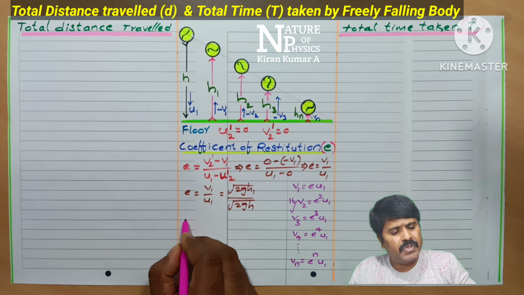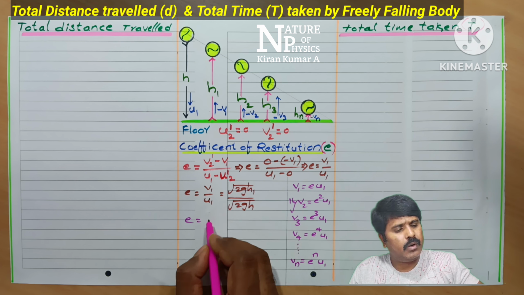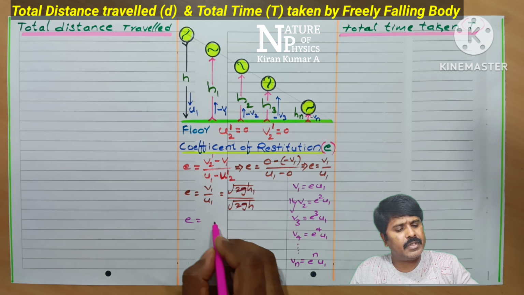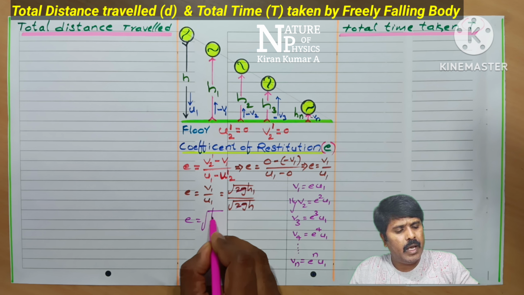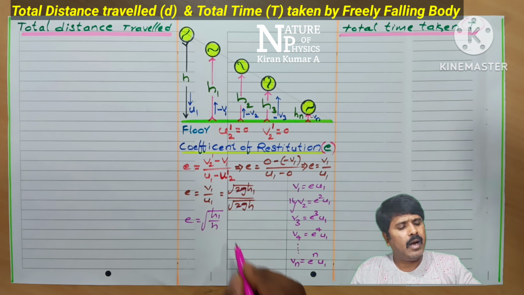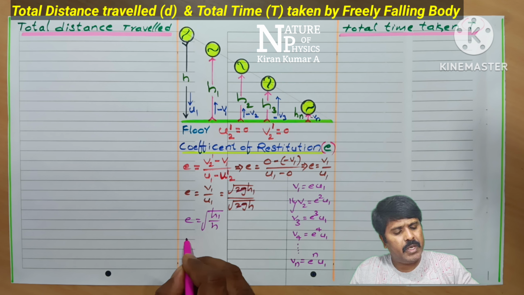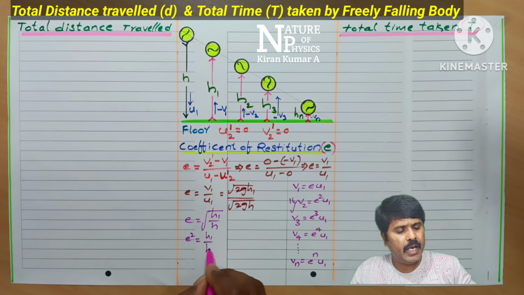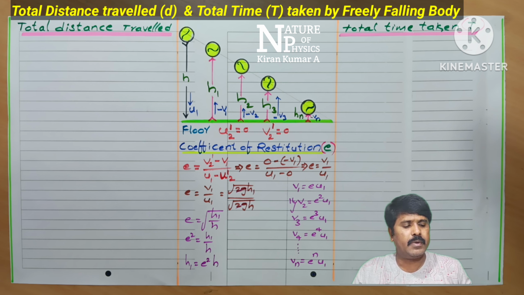Here 2g gets cancelled, so E equals root over h1 divided by h. Next, E square equals h1 divided by h. Cross multiplication gives h1 equal to E square h.